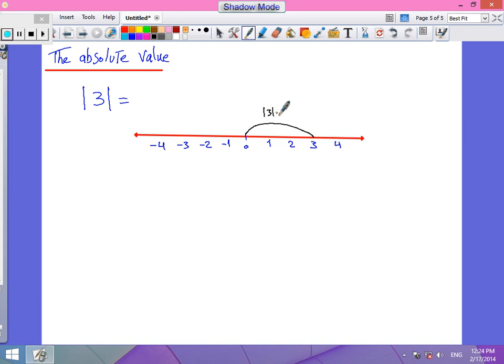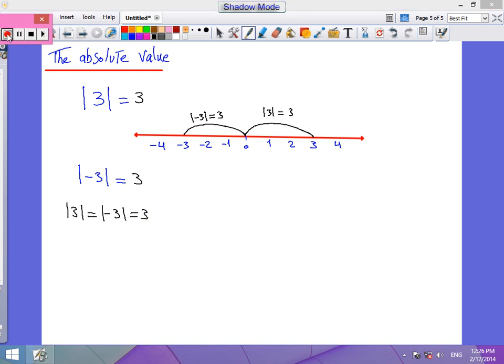Then the absolute value of 3 equals 3 because the distance is 3. What about the absolute value of negative 3? It is the distance between negative 3 and 0. Count with me: 1, 2, 3. The same. The absolute value of negative 3 also equals 3. Then the absolute value of 3 equals the absolute value of negative 3 equals 3.